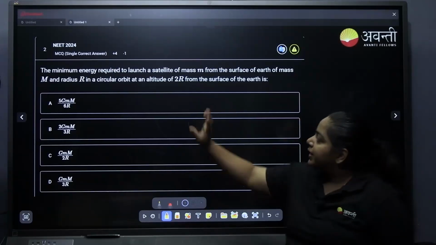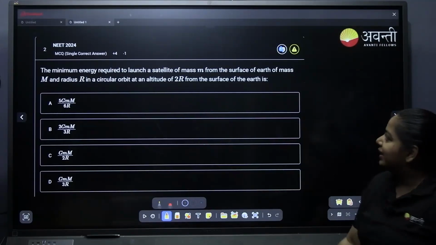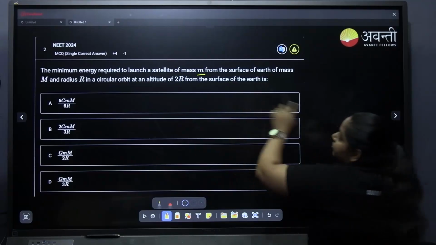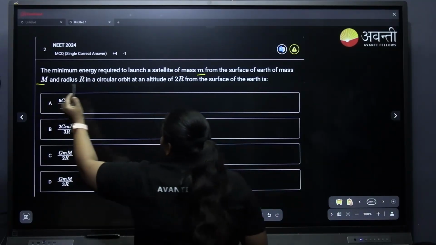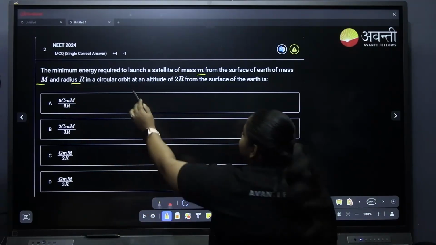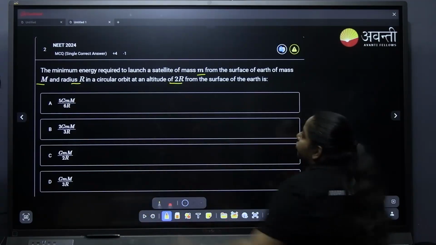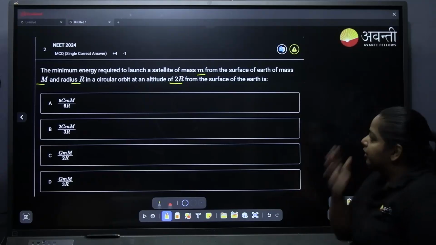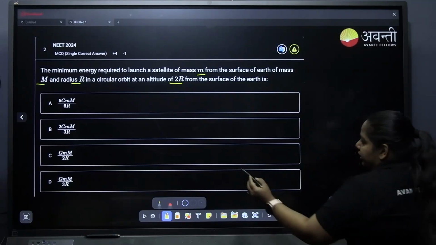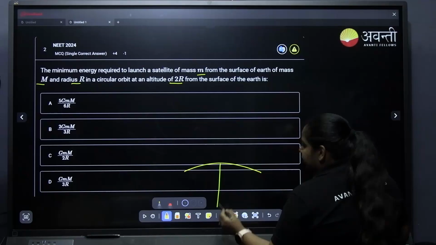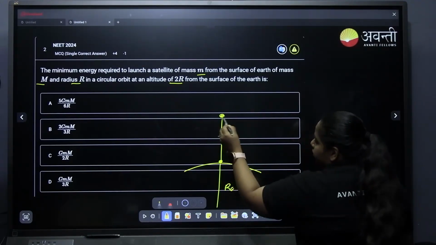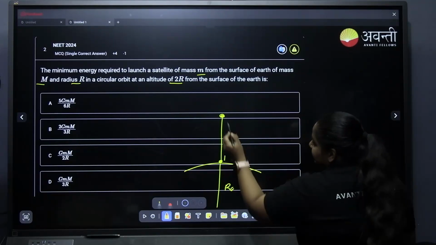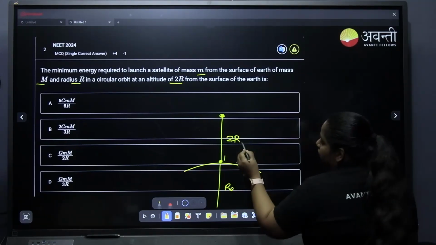Next one. Minimum energy required to launch a satellite of mass m from the surface of Earth. Earth mass is given as capital M and radius R, to a circular orbit at an altitude of 2R. So this is the surface of Earth, from Re distance, and from here this distance is given as 2R.